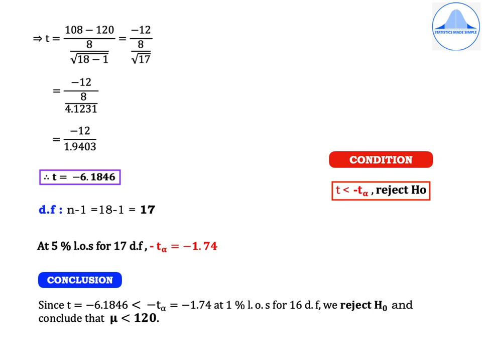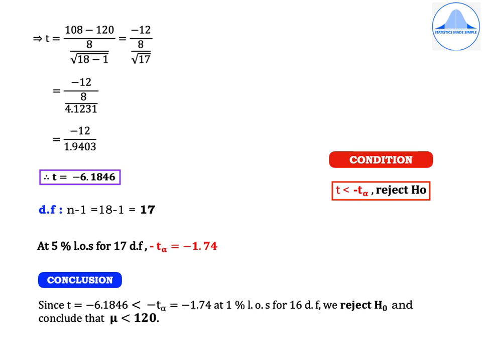On substitution of the values in the test statistic, we get T equal to 108 minus 120 divided by 8 by root 18 minus 1, which is equal to minus 12 divided by 8 by root 17, which is equal to minus 12 divided by 8 by 4.1231, which gives minus 12 by 1.9403. Therefore, T is equal to minus 6.1846.